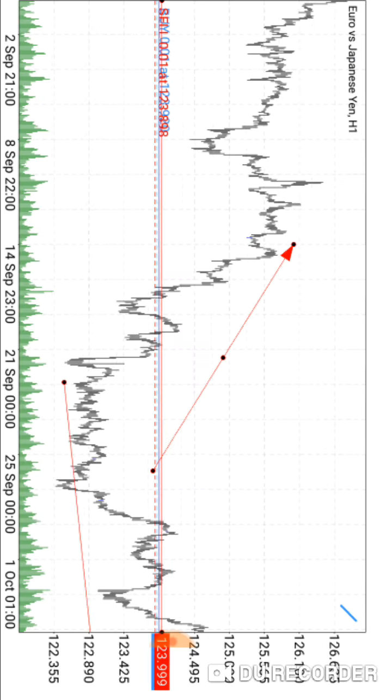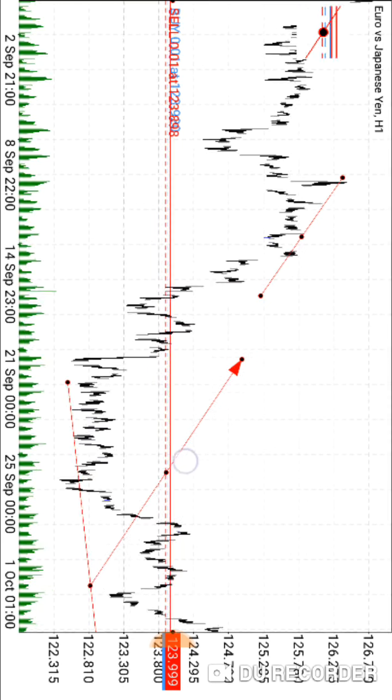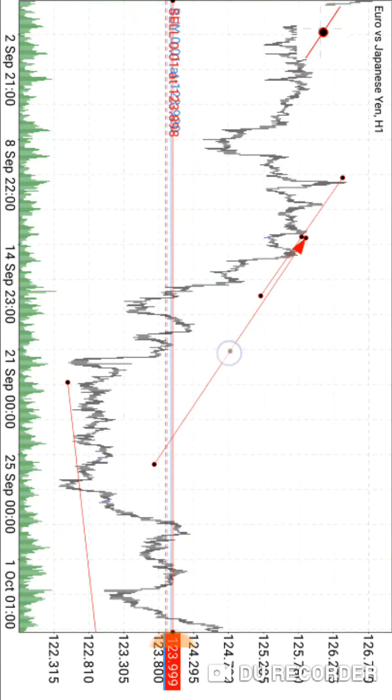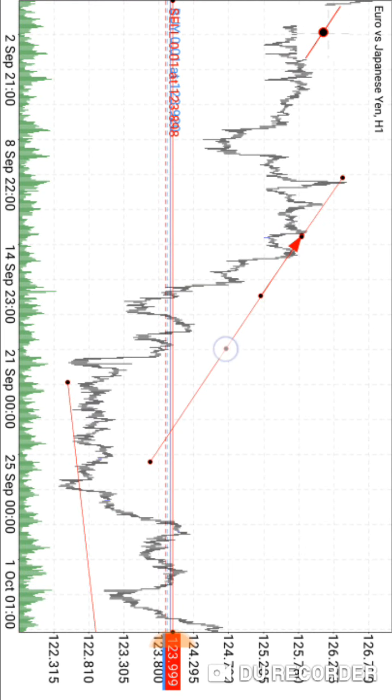When markets get to that area on a minor trend, they respect that level and bounce back.